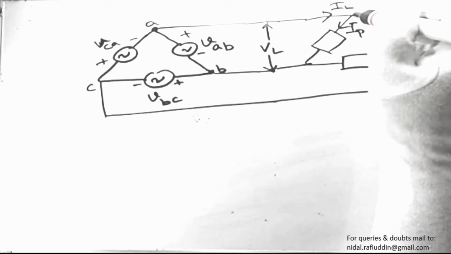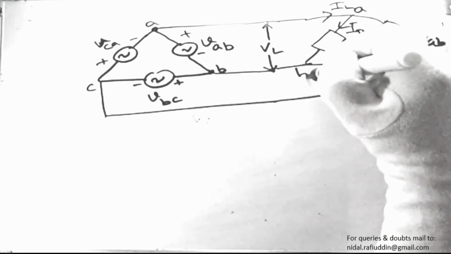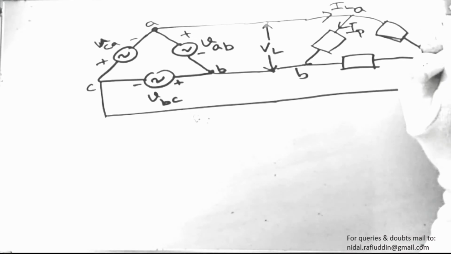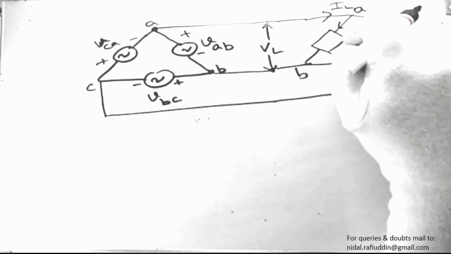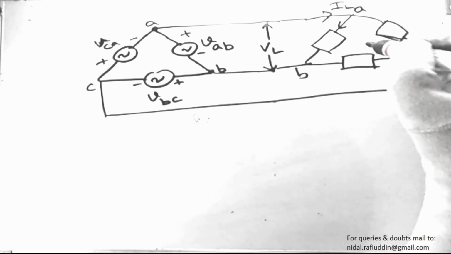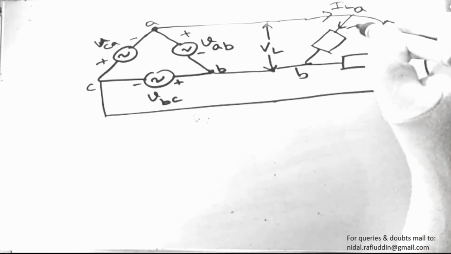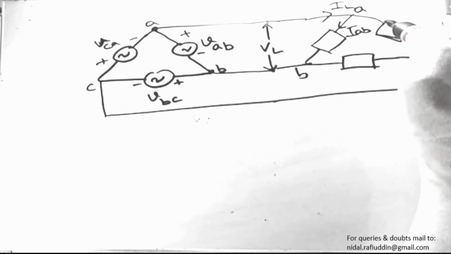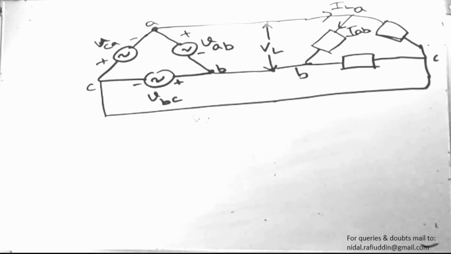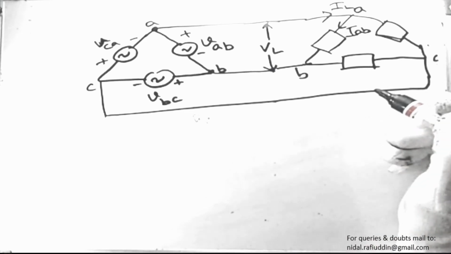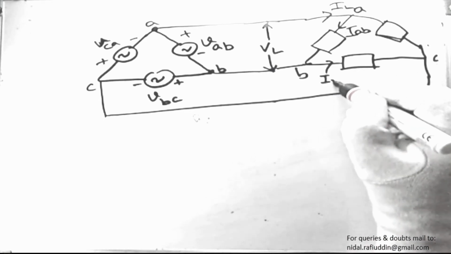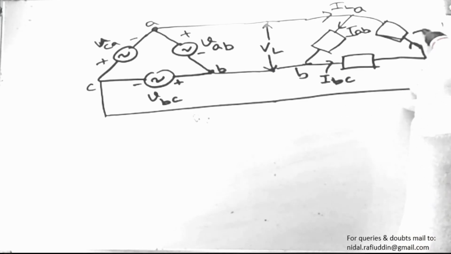Let us call these terminals A, B, and C. Instead of calling this current IP, let us call it IAB, this current IBC, and this current ICA.